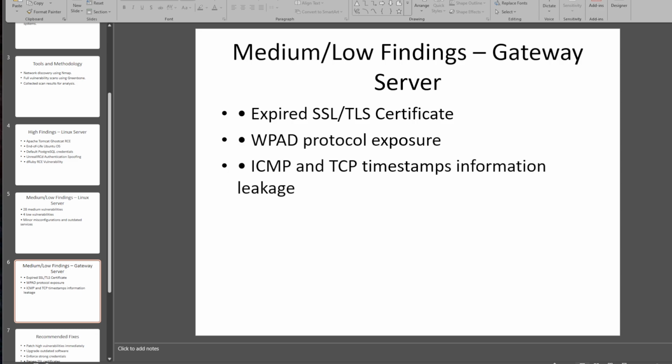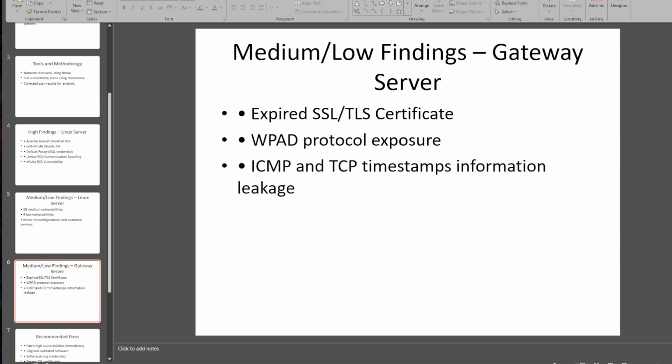So our slide number 6, our medium and low findings for our gateway server. The gateway server at 192.168.1.1 exhibited 2 medium and 2 low vulnerabilities. The key findings included an expired SSL/TLS certificate and exposure to WPAD protocol attacks.